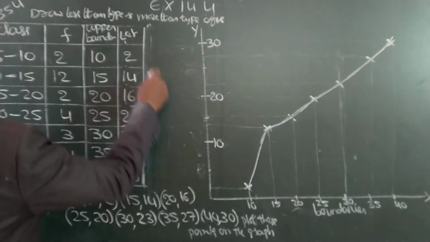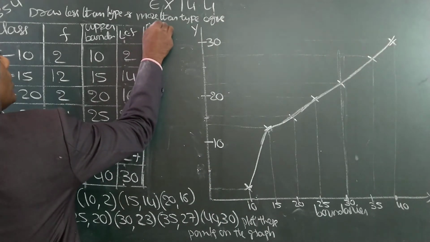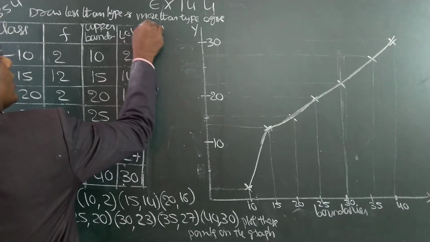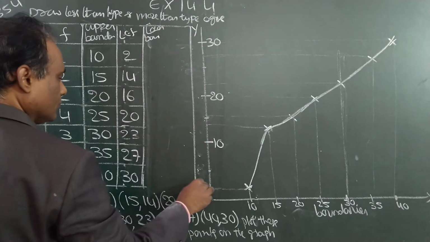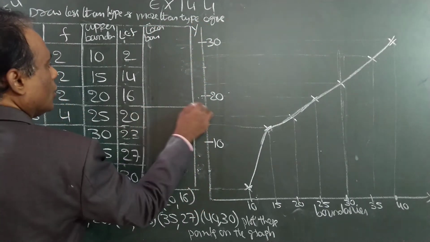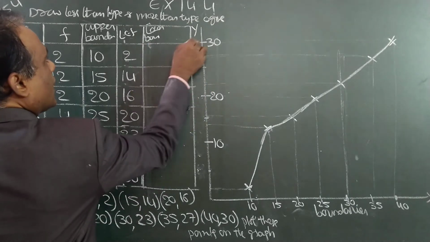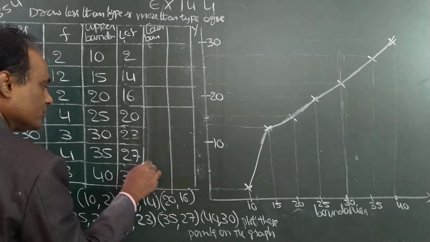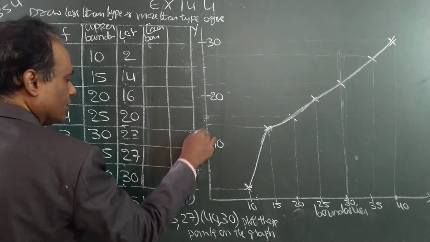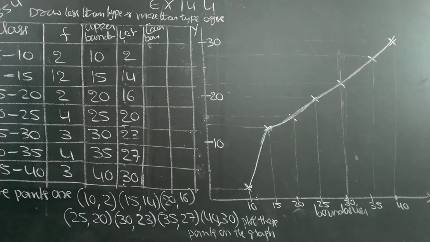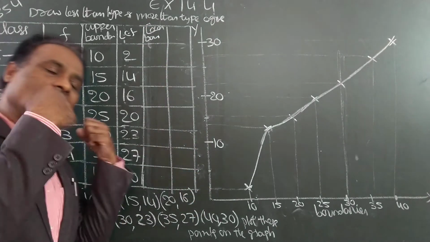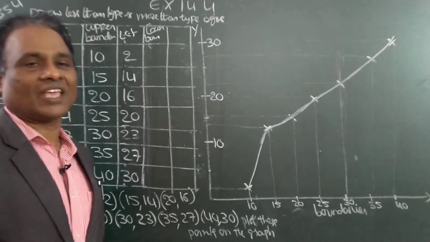So see here, for the other one what do we have to take? Lower boundaries, and next column, more than type ogive. Both the graphs I am drawing in the same graph.